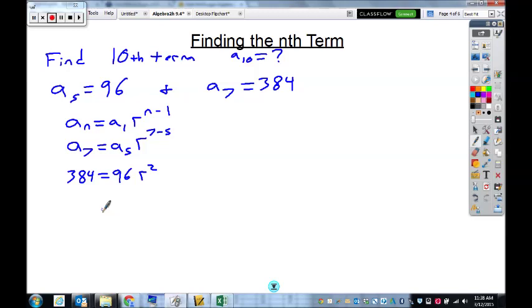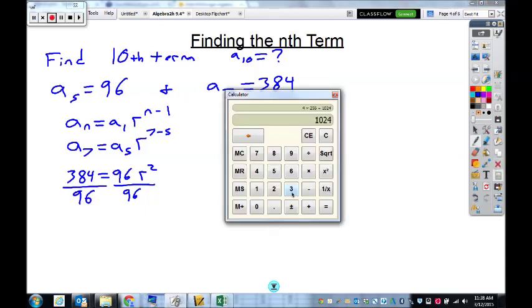I'm trying to figure out what r is. First, I'm going to divide both sides by 96. On the calculator, 384 divided by 96, we get r squared equals 4.